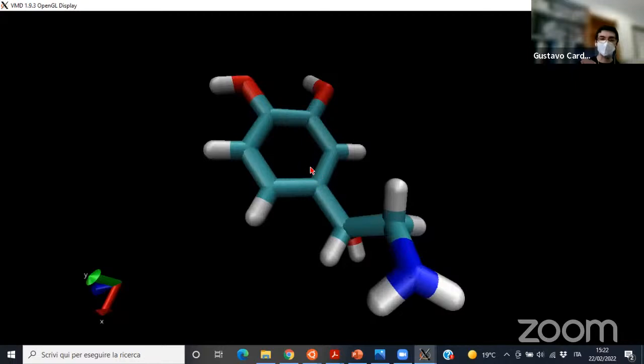Let's say this guy here is not as polar as this guy here because of their environment. So in chemistry, we say there are different partial charges because this guy is bound to an oxygen, and this oxygen attracts more electron density from this guy than the electron density that, for example, this other carbon atom attracts.